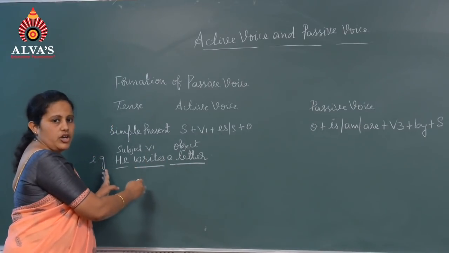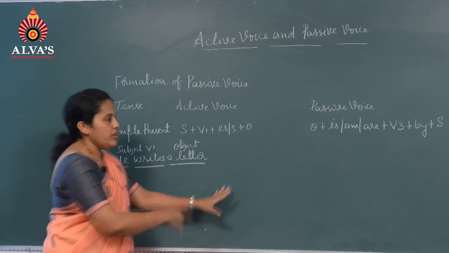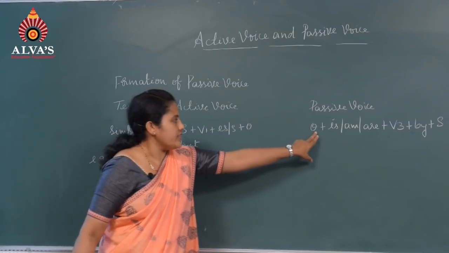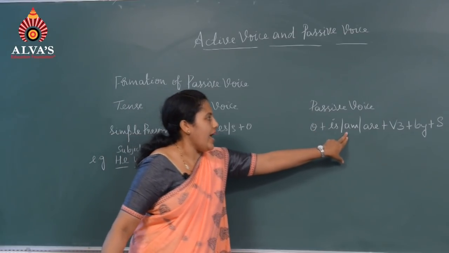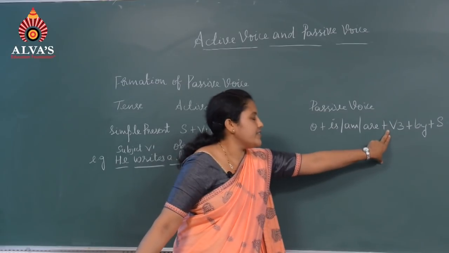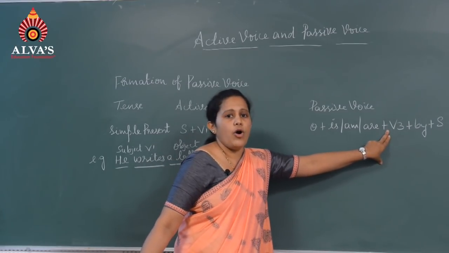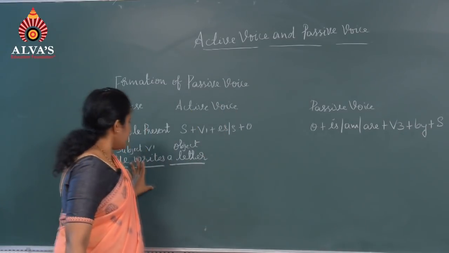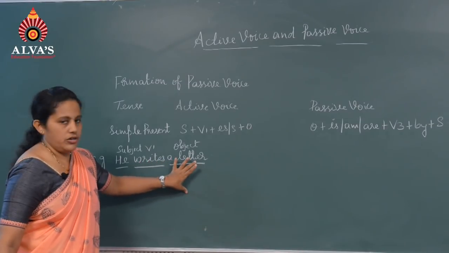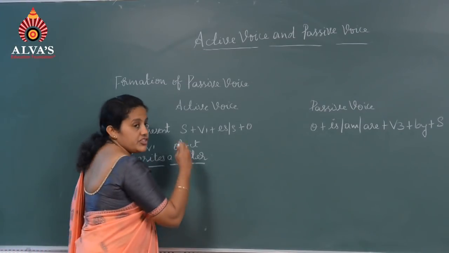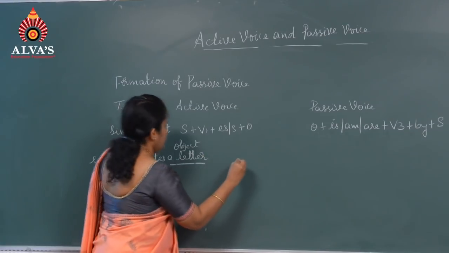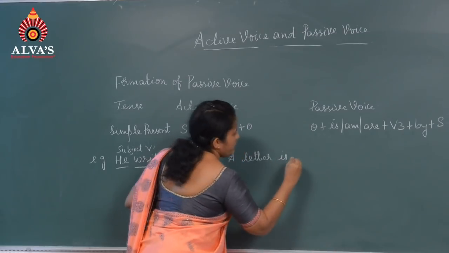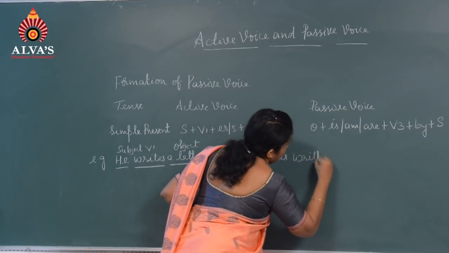So, when we change from active to passive, you can see this formula structure: object plus is, am, are helping verb plus V3, that is the third form of the verb, and by plus subject. In this example, he writes a letter, when we change from active to passive, a letter is written.